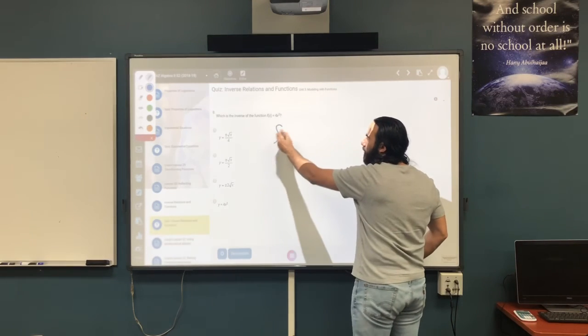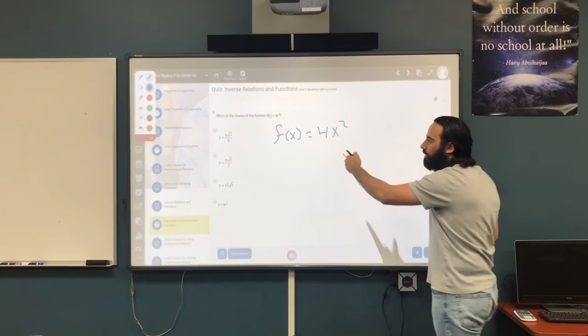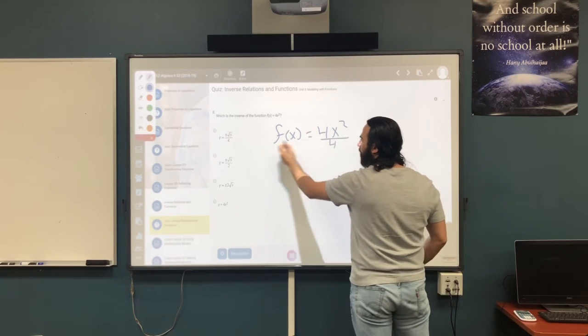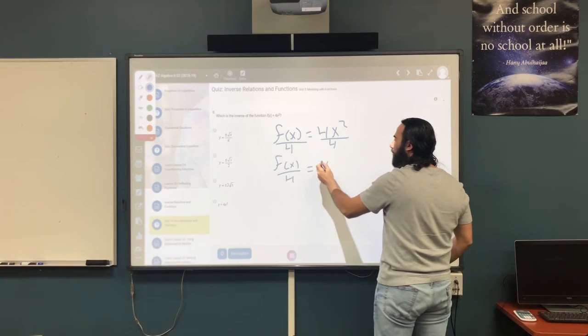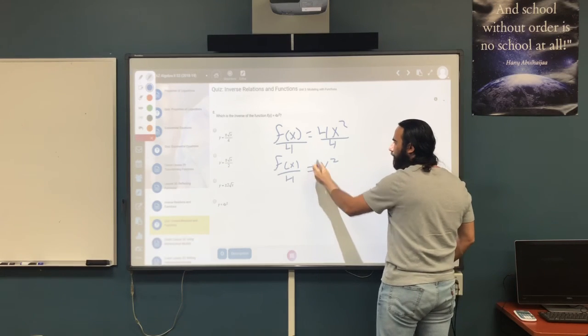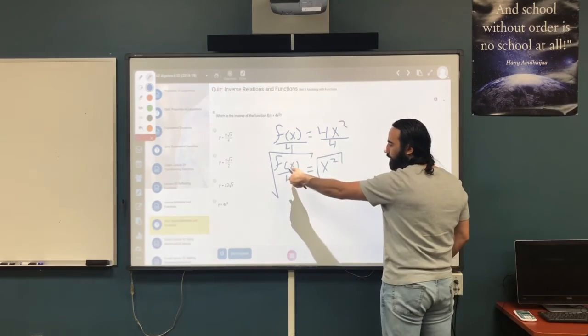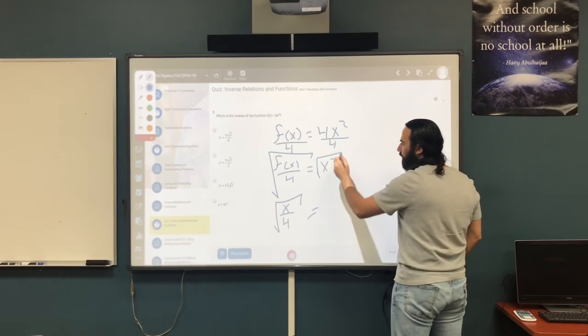So he wants the function f(x) equals 4x squared. We need to find that inverse. Again, guys, we need to isolate x, so we divide both sides by 4. So it's going to be f(x) divided by 4 equals x squared. We need to cancel the squared. We square root both sides. And then we switch between x and f(x). So it's going to be the square root of x divided by 4. It cancels out.